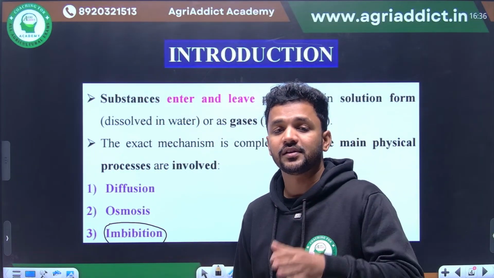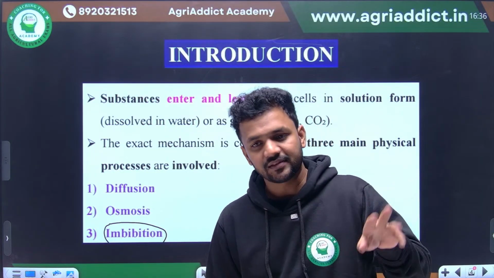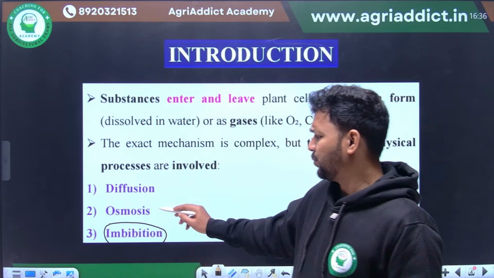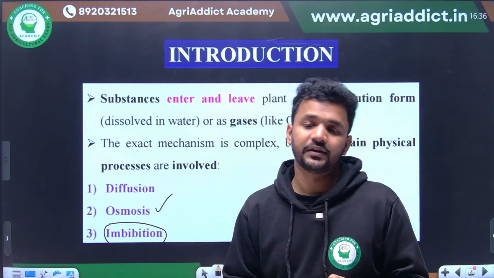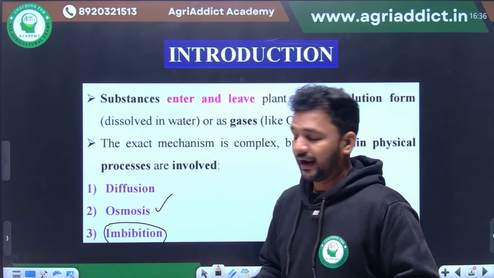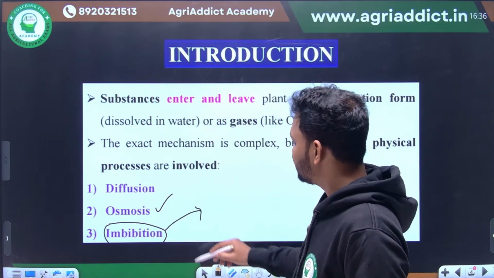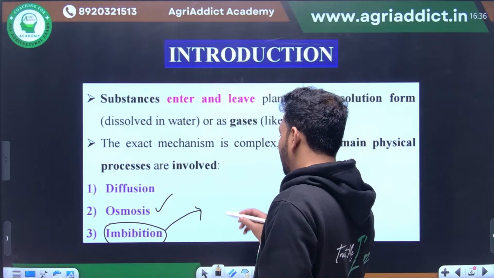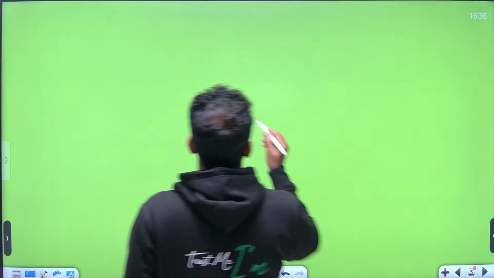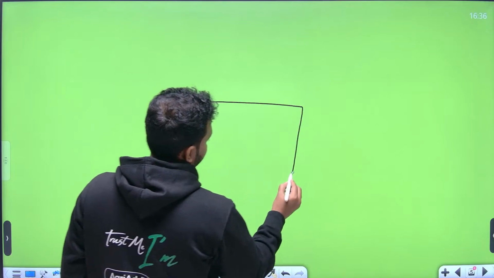How are things exchanged? Through diffusion, gases are exchanged. Diffusion में gas exchange होते हैं. And in osmosis, the liquid or solvent moves from one system to another system, right? And in imbibition, what happens? Here is a solid surface.